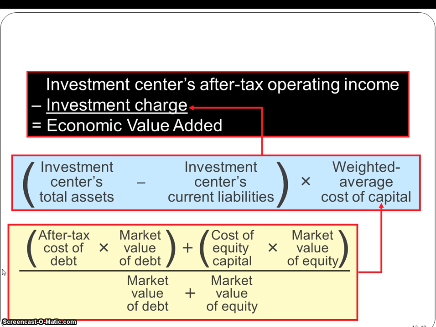But real simplistically, if you just ignore these formulas and think at a very high level, there's a cost associated with every dollar of debt that a company has. That might be just their interest cost.